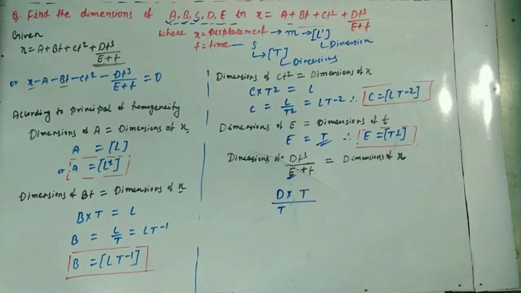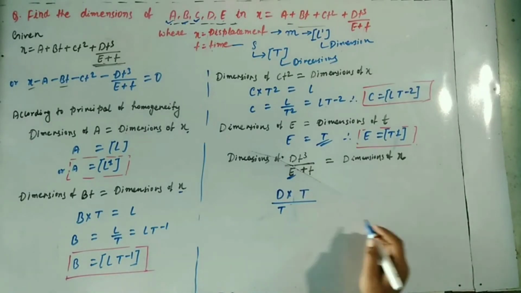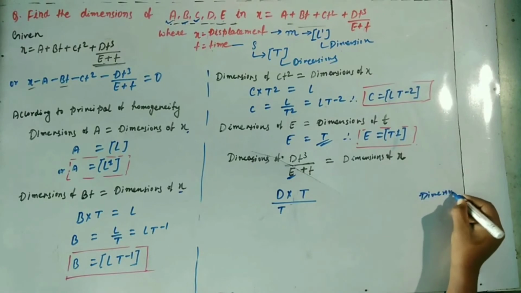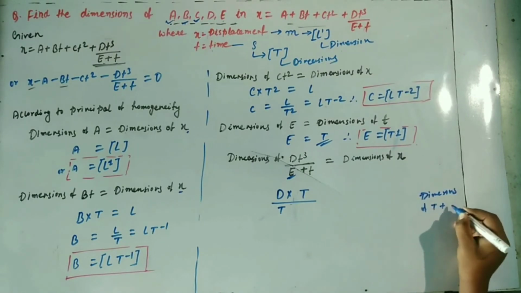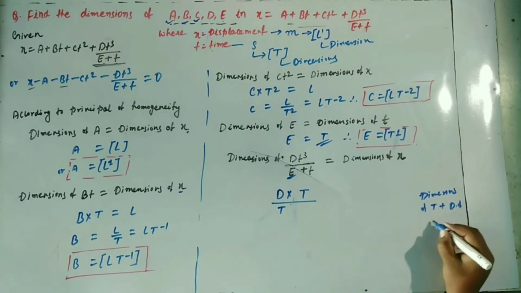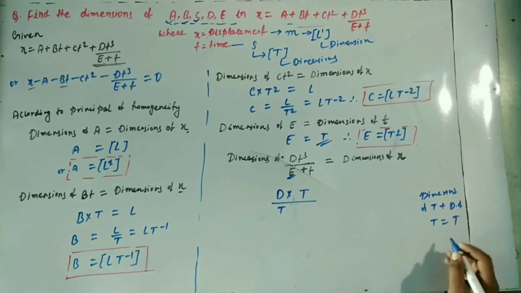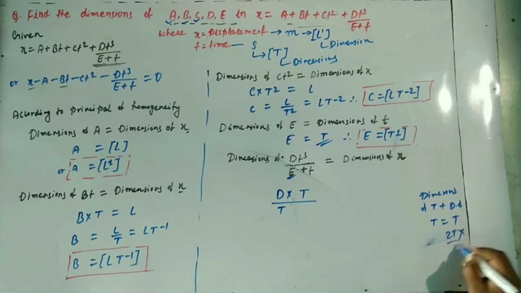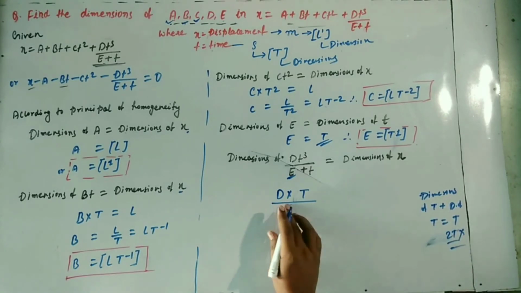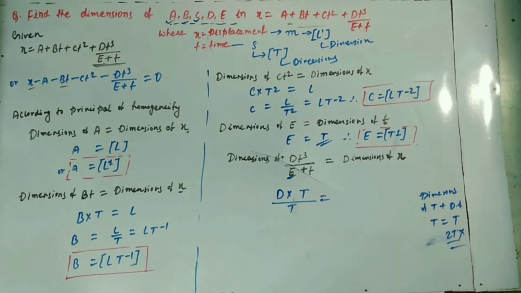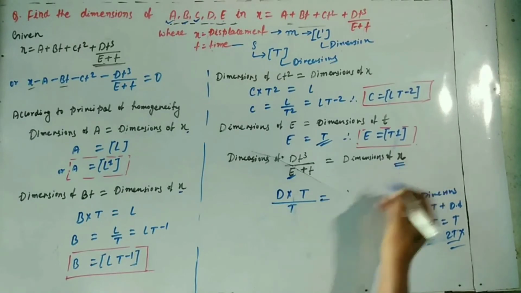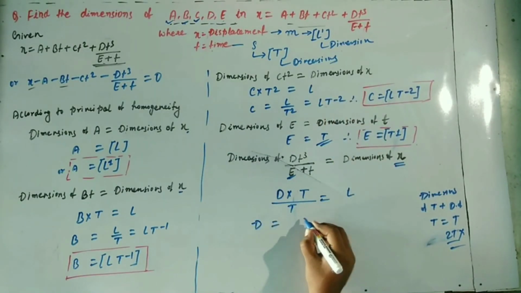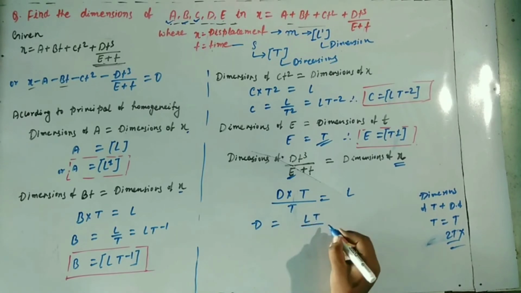Both dimensions are the same, so we can't add them; the result is a single T dimension. So here it will be only T, equal to the dimensions of x. The dimensions of x is L.